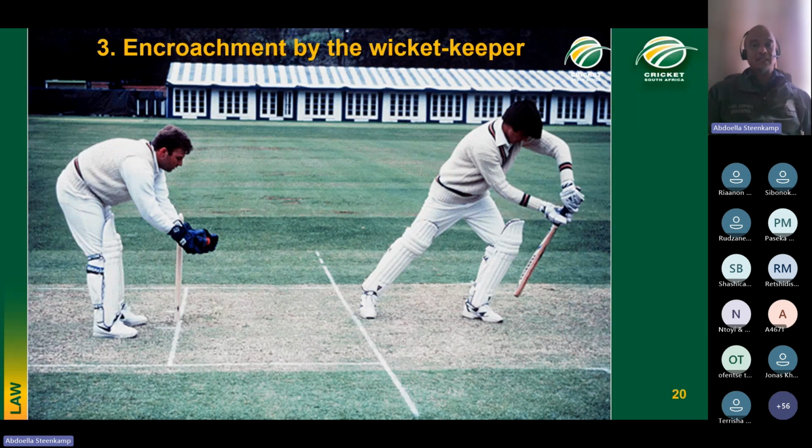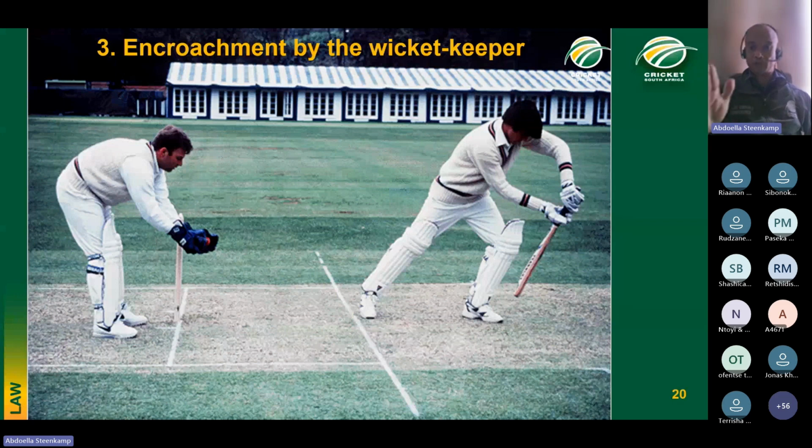The law says if the ball touches the striker's bat or person, or the striker attempted a run, or the ball passes the stumps, then the keeper can come in front of the stumps. But the keeper should remain wholly behind the wicket at all times, except for those three instances. So this is, according to the law, a no ball.